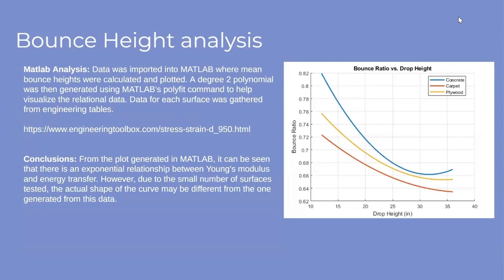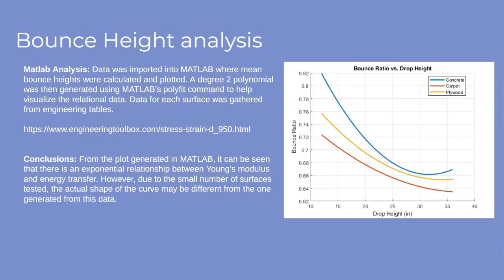By analyzing the actual drop heights, we can use MATLAB to create this graph. It shows us that the ratio between rebound height versus drop height significantly drops off actually as drop height increases.